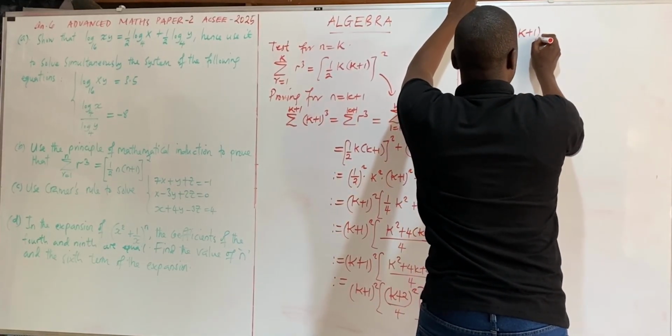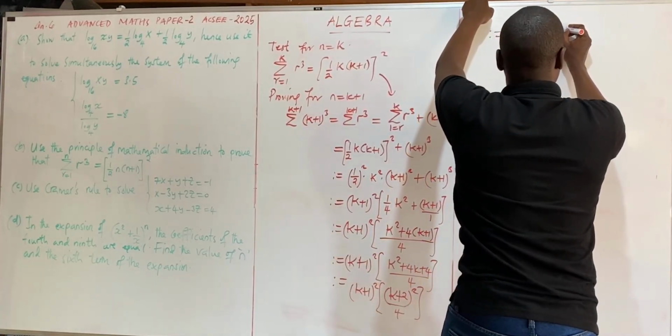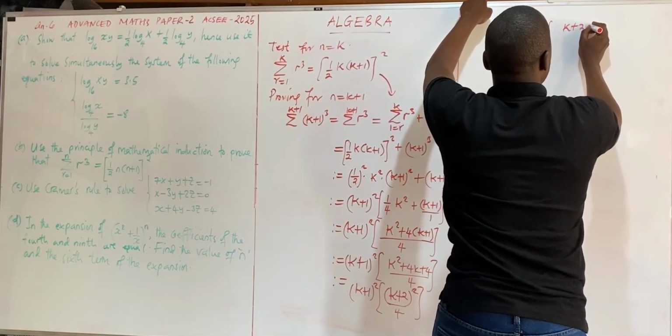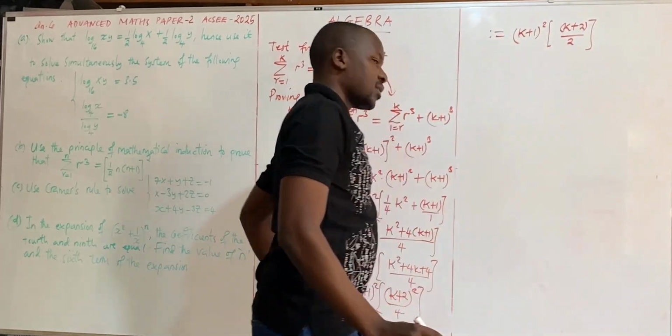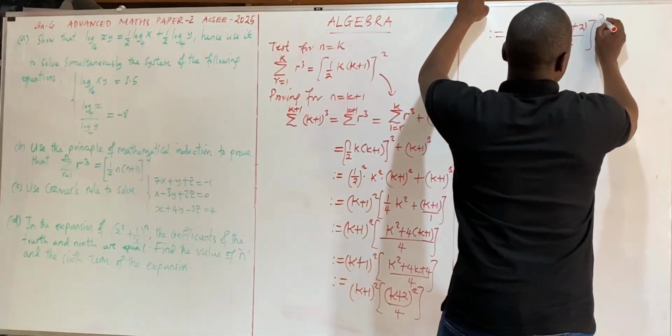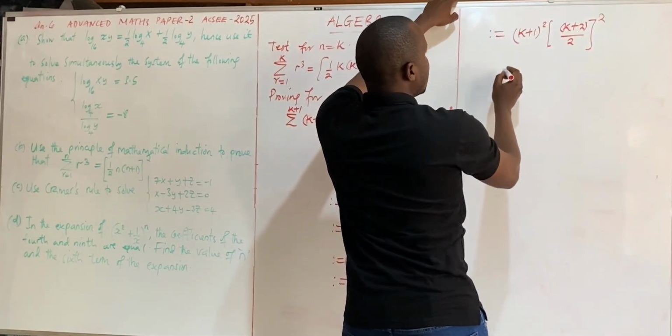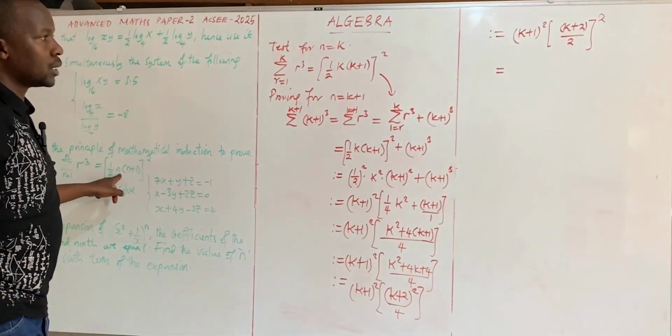(k plus 1) squared. Now here, it might be (k plus 2) over 2. It means now this 4 is the same as 2 squared. Because they share the same exponent, it's the same as taking the exponent out. If that is the case, we want it to resemble this expression here.